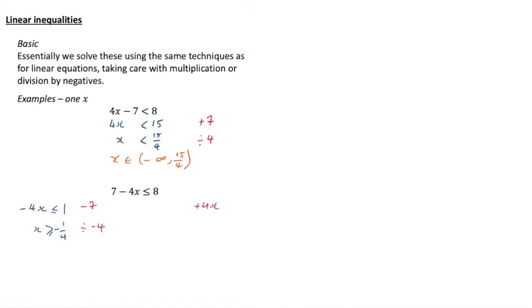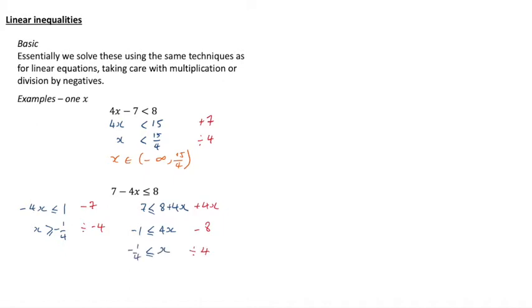The other way we can do it is a sort of safety way, because you don't need to remember about flipping it if you're dividing or timesing by a negative. So what we do is we move the 4x by adding 4x to both sides, so it becomes positive. That leaves us with 7 is less than or equal to 8 plus 4x. We can then subtract 8, which gives us minus 1 is less than or equal to 4x.